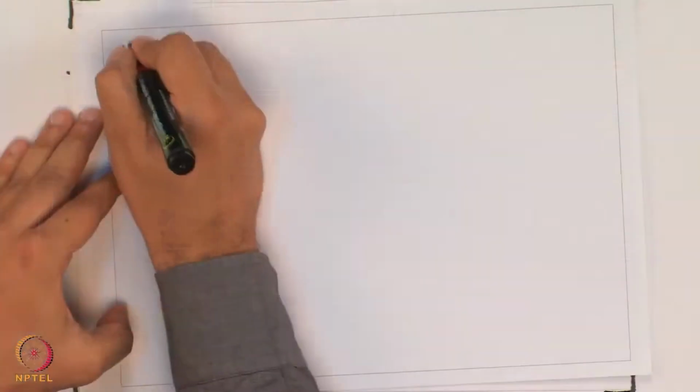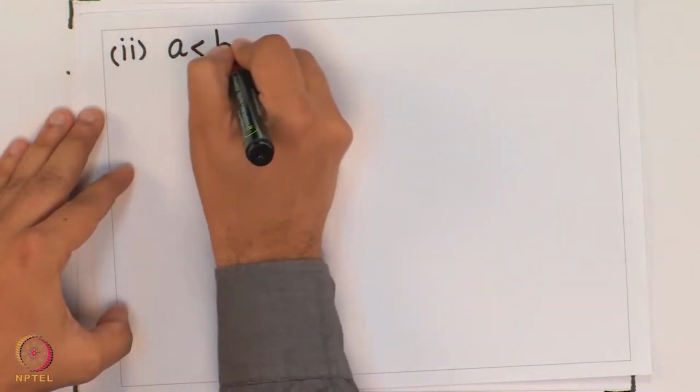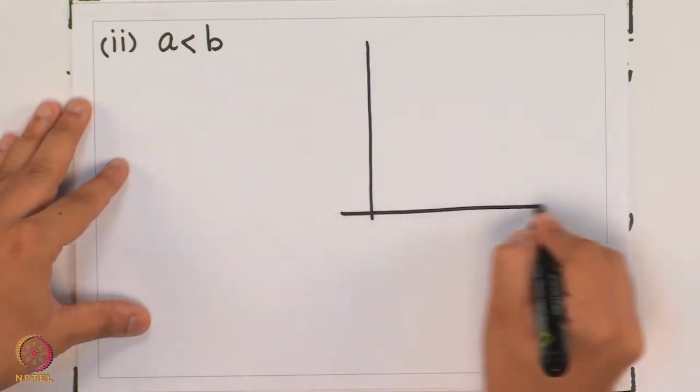Now, let us take a look at the second case, where small a is less than small b, where genotype A is growing slowly as compared to genotype B. Again we do it the exact same way. We have small a less than small b, and we are going to plot the same graph.